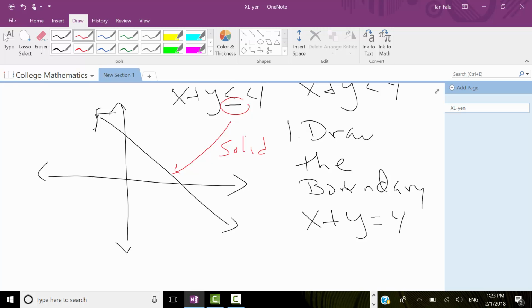So for example, I'm going to use this point, 0, 0, where x is equal to 0 and y is equal to 0. If that makes my inequality true, that means that all the points on that side are also true.